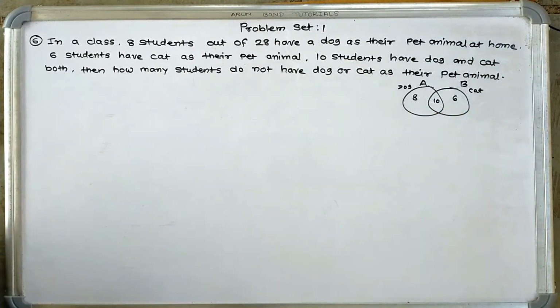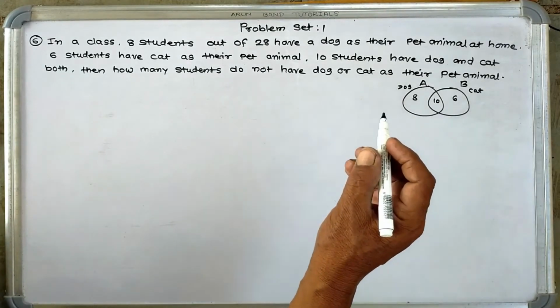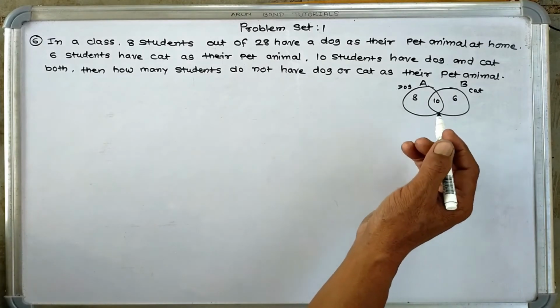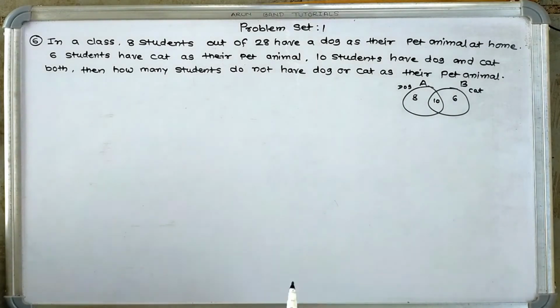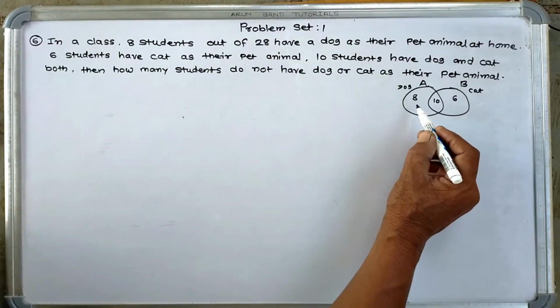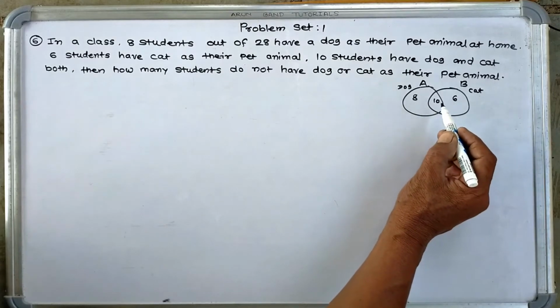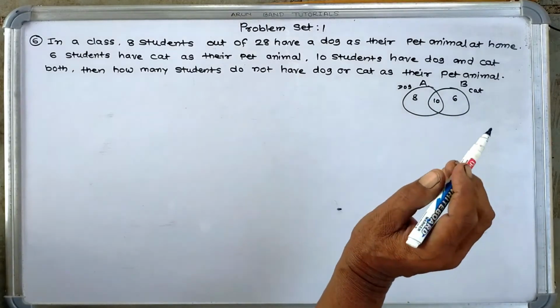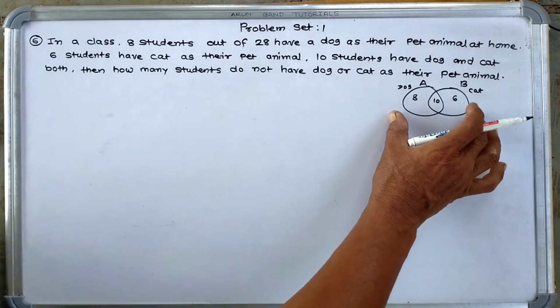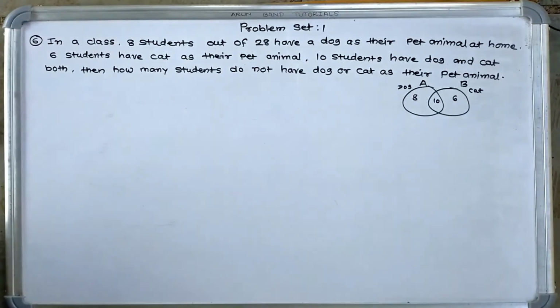So to find the number of students who have either pet animal, or both, we will have to take the sum of this total. So 10 + 6 + 8 will be the total number of students who have either pet animal, and then we have to subtract this total from 28.